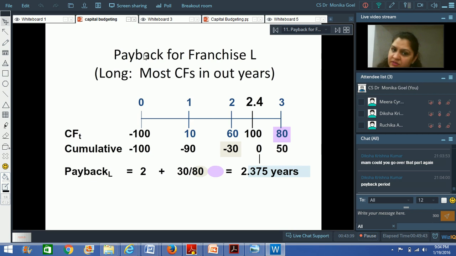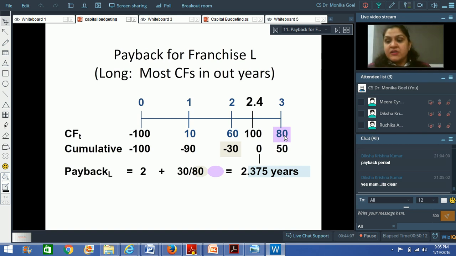So how much proportion of the third year will go in recovering these 30 rupees? So it says 2 years plus 0.375 of the third year, right? So 2.375 years. Is it clear, Diksha, now?